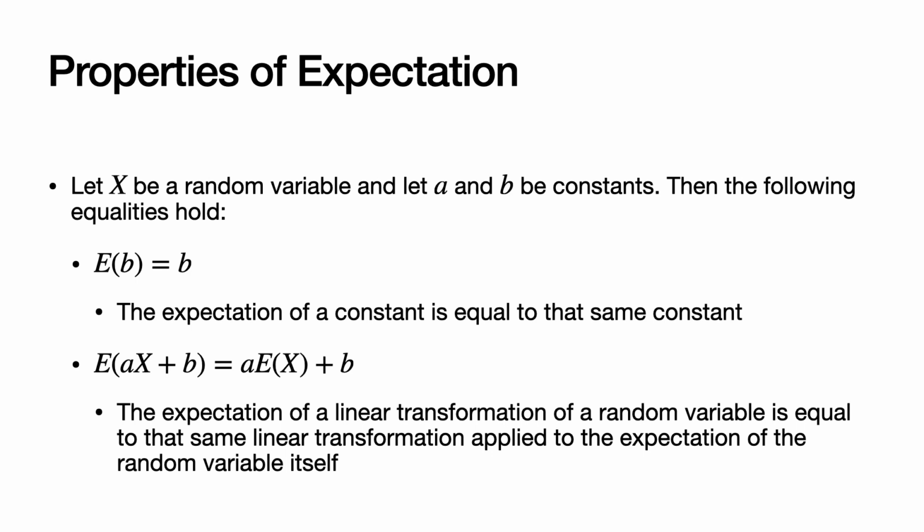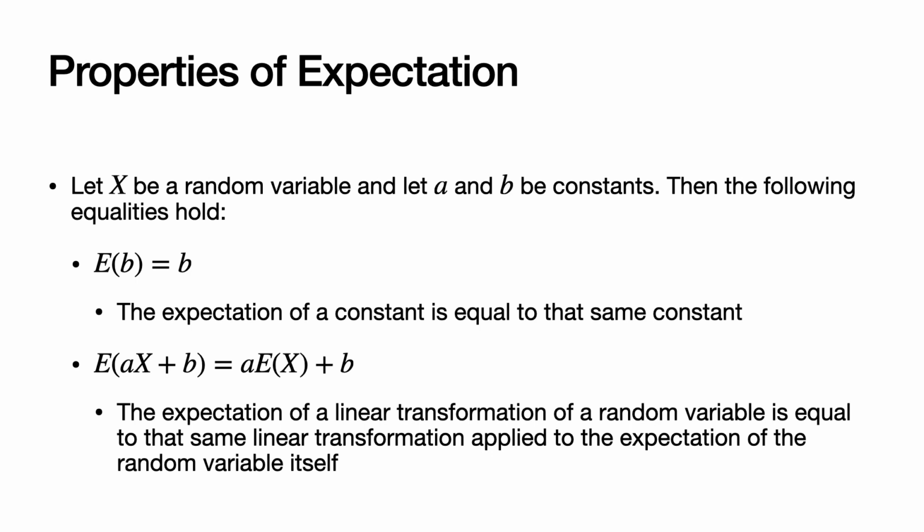Now let's look at some properties of expectation. So let x be a random variable and let a and b be constants. Then the following equalities hold. The first equality says that the expected value of b is just equal to b. In words, this says that the expectation of a constant is equal to that same constant. The next equality says that the expected value of a times x plus b is equal to a times the expected value of x plus b.